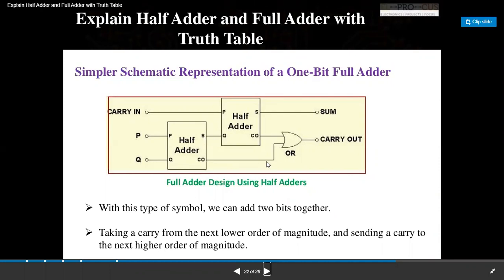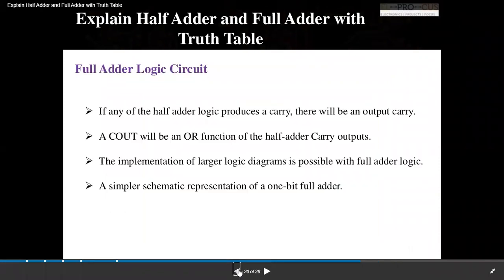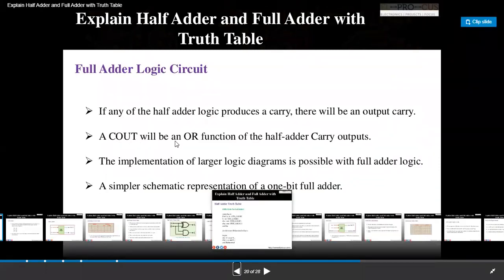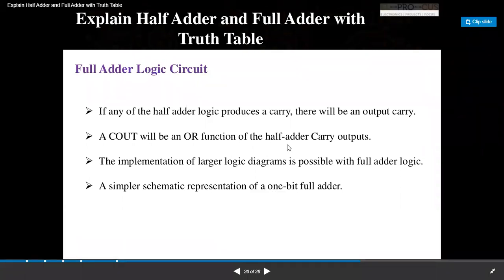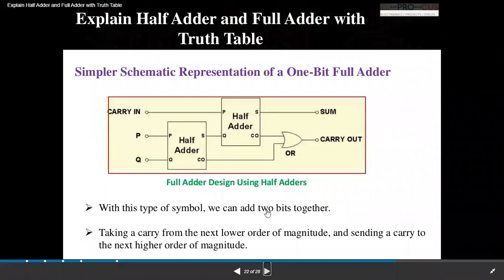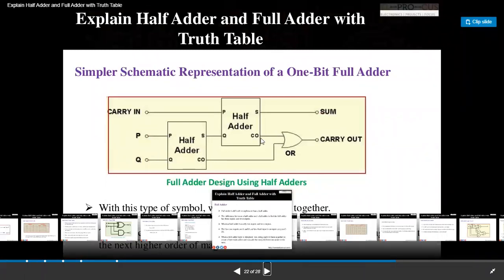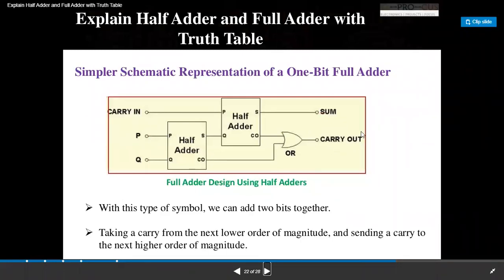We provide that carry out to the OR gate. Previously we have known that the Cout will be an OR function of the half adder carry outputs. The two half adders' carry outputs, first carry output and second carry output, are ORed, and that is our final carry output.